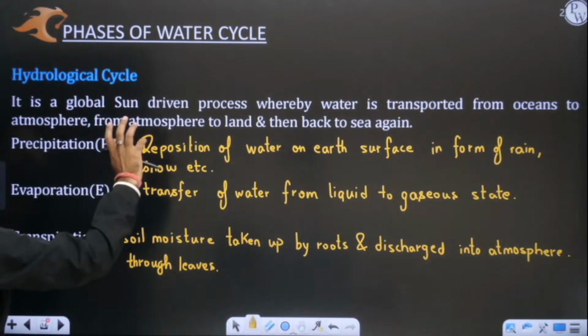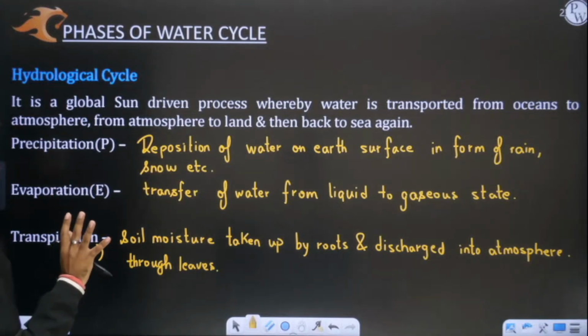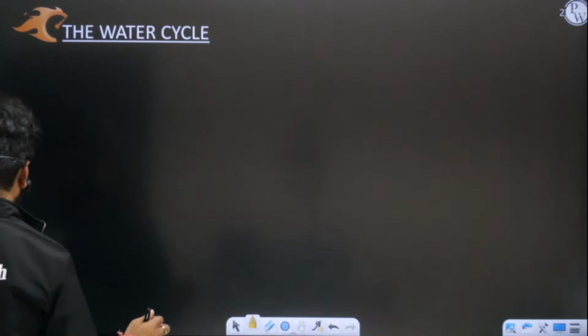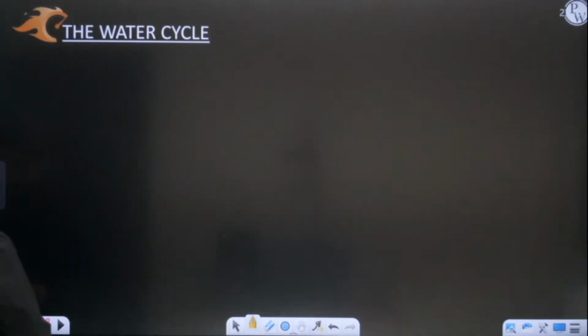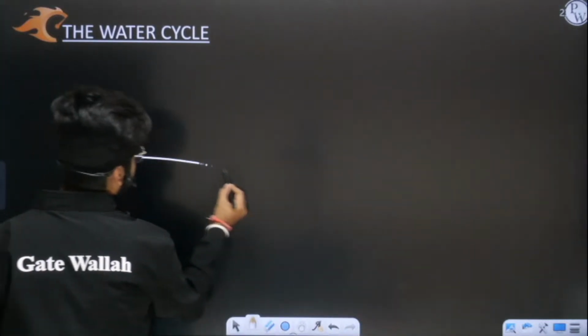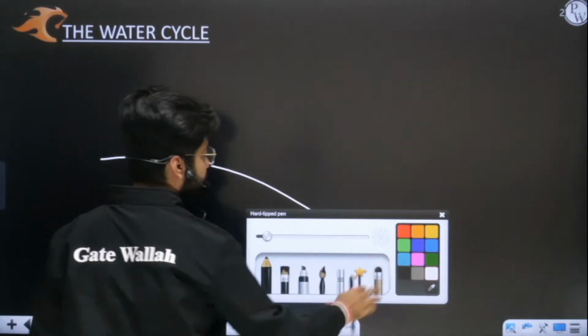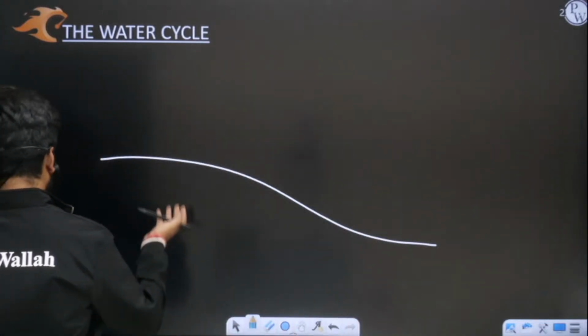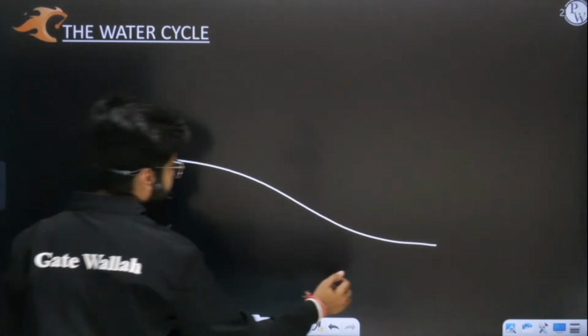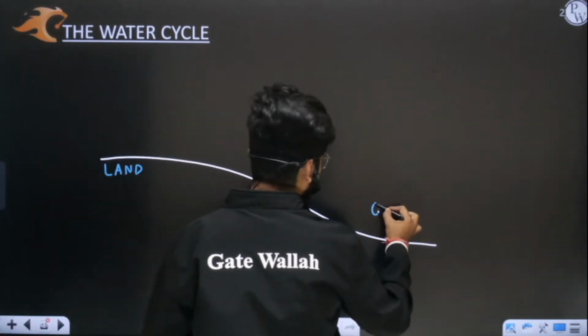So hydrological cycle simply means water cycle. And sir, in water cycle, if someone asks me to simplify the water cycle, I will simply say water cycle is basically a three-step process. The land mass is at a higher level, and the ocean is at a lower level.